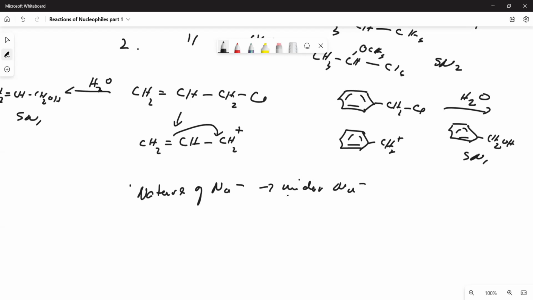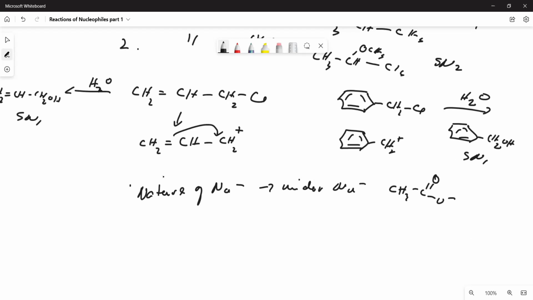Okay. Your nucleophile can still be negative, but not a strong base, like, for example, acetate. It's negatively charged, but it's not a strong base nucleophile. So if you use this, most likely the mechanism of the reaction would be SN1, no? Because it's not a very strong nucleophile.